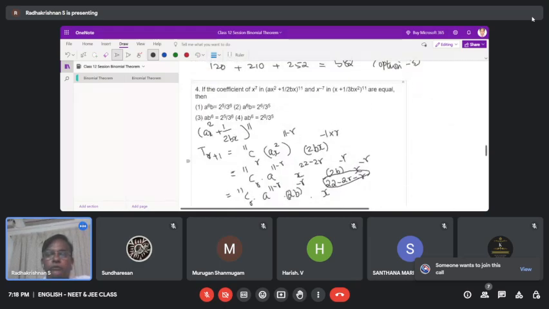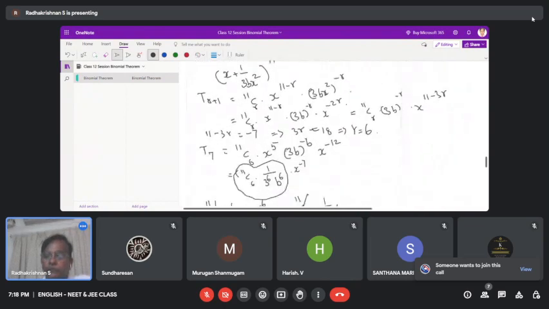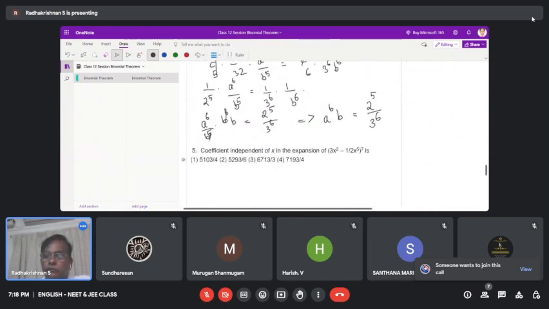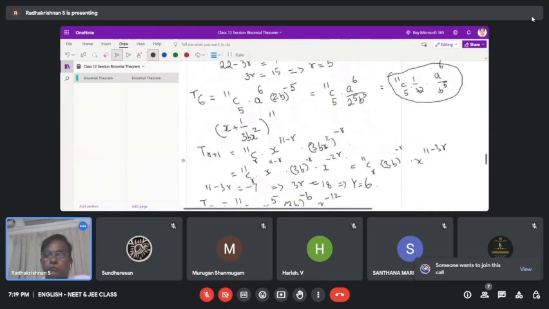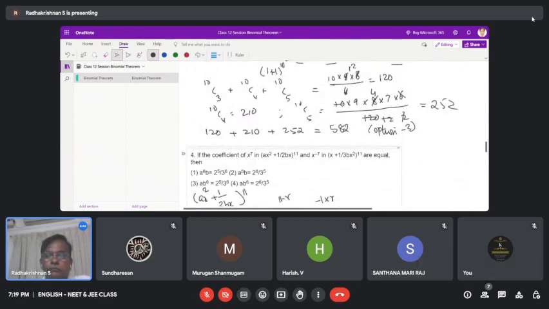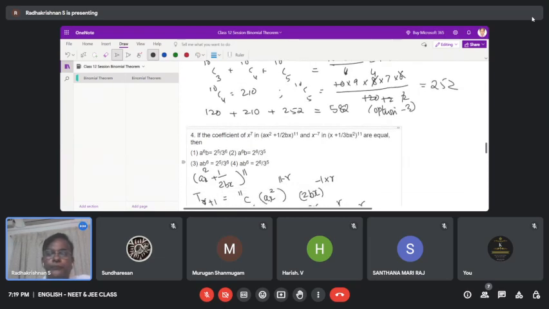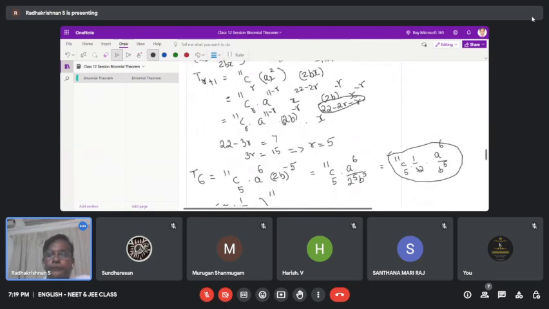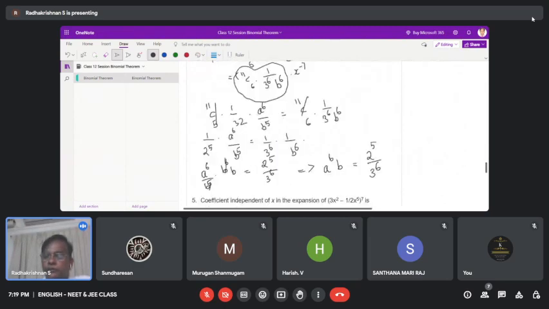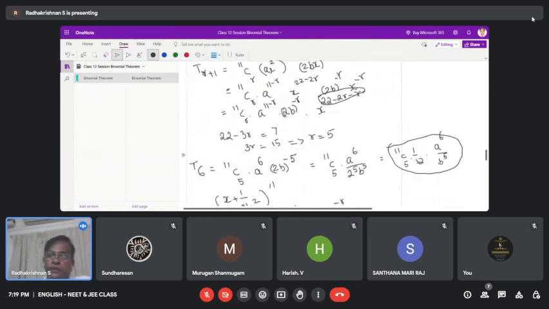Have they given that option? a power 6 into b equal to 2 power 5 by 3 power 6. So option A, right? 2 power 5 by 3 power 6. Option A.